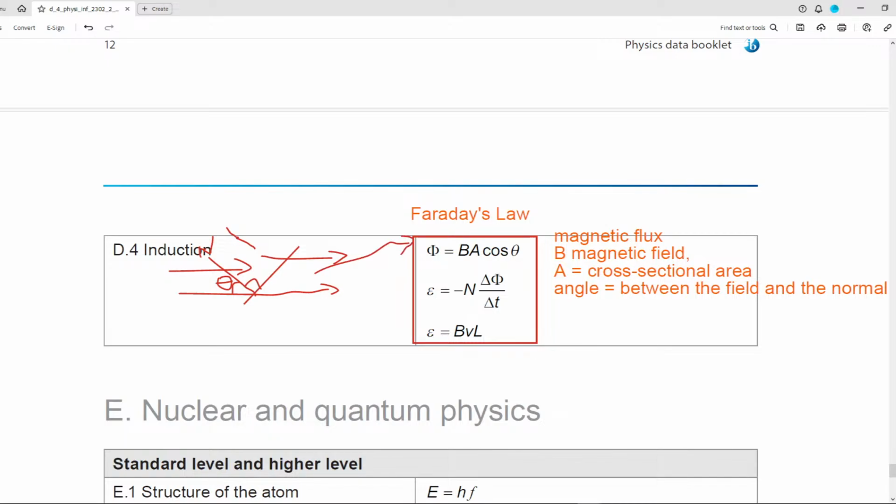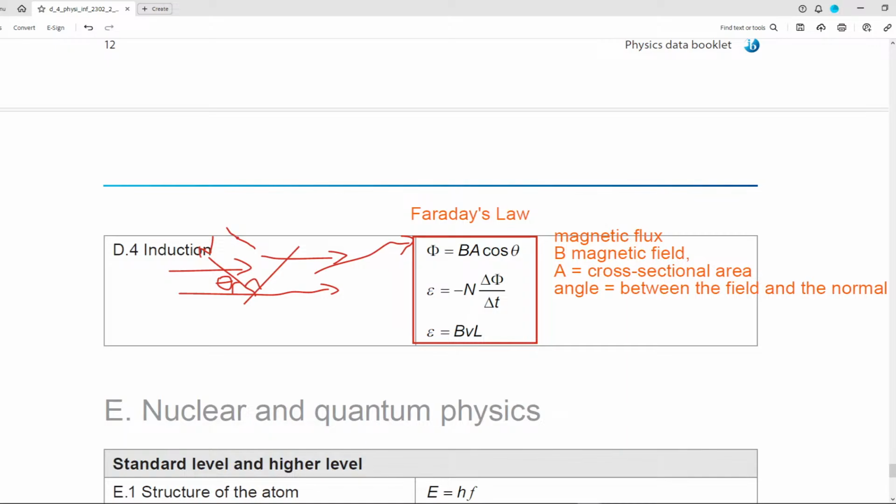All right. Then Faraday detected that if there's a changing magnetic field, or if we change the area, basically if the flux is changing, then the changing flux over time induces a voltage.